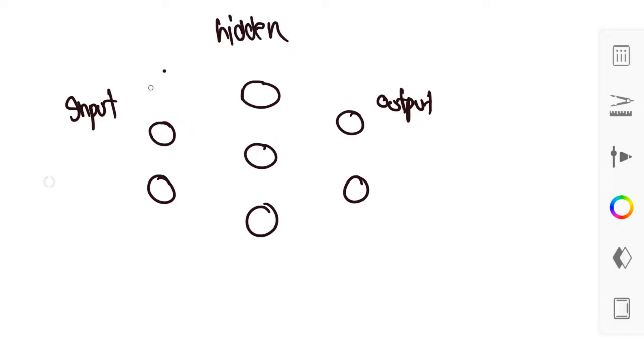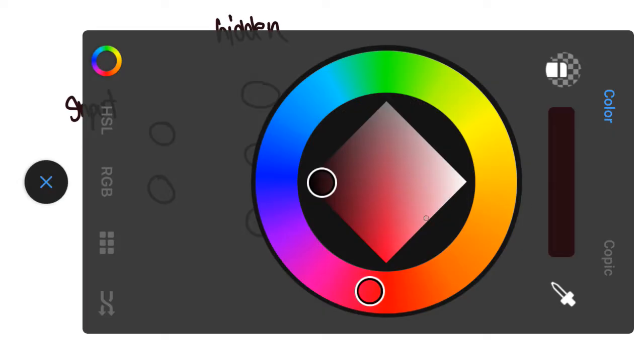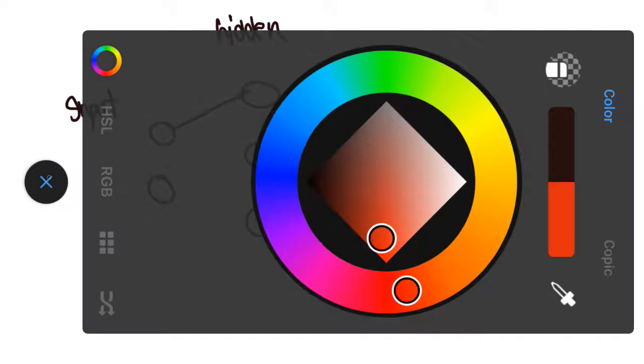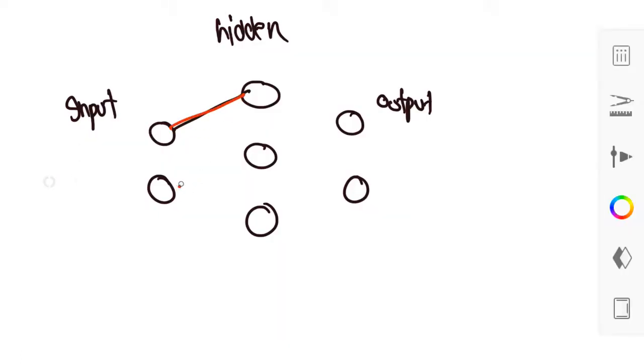What happens within this kind of network is we take the input from the input node and give it to the first hidden layer, and we do the same with the second one.